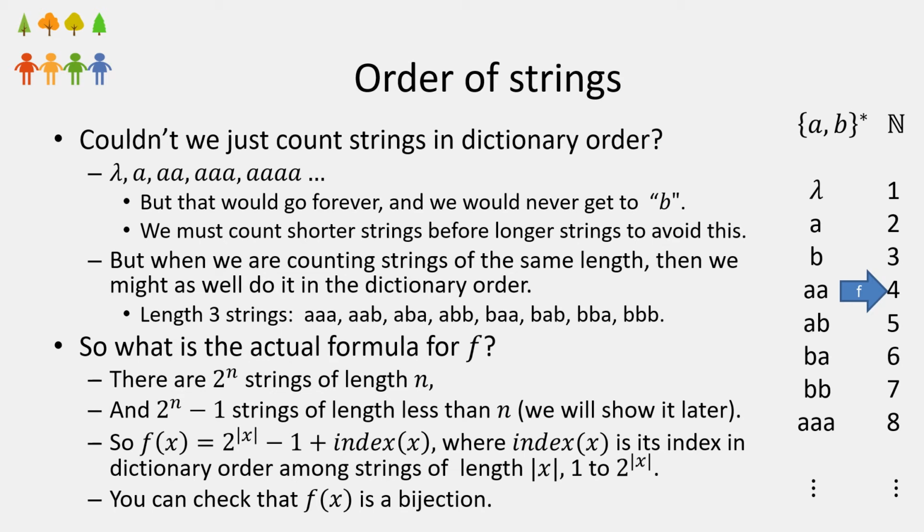There is a way to make a formula which will take a string and will assign a number between 1 and 2 to the n to that string, which will be its index among strings of the same length. This formula will give number 1 to AAA, number 2 to the n to BBB, and so on. So now, given a string x, we assign to it the number 2 to the length of x minus 1, plus the index of x among the strings of the same length, and you could check yourself that this is a bijection.